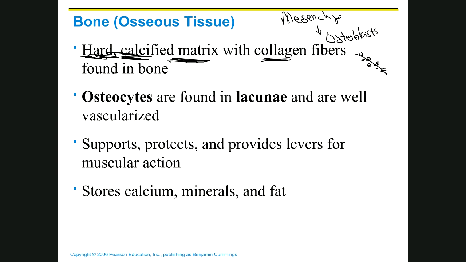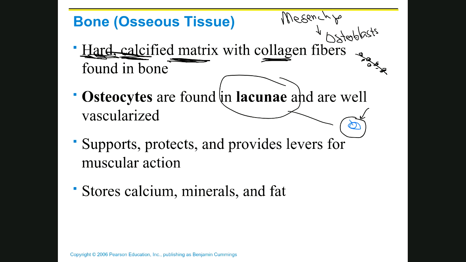We're also going to see that we have lacunae here, just like we did with cartilage. Remember, lacunae is a space. It means little lake. And we're going to see that the cells are located inside the lacunae, just like before. When we look at bone, we mostly look at bone that's already built.